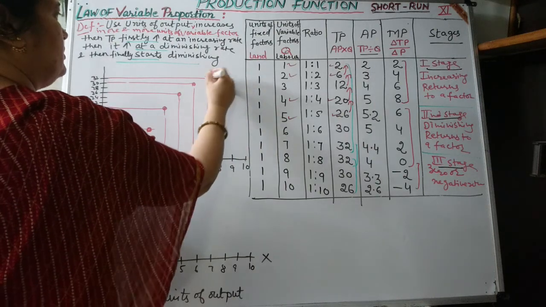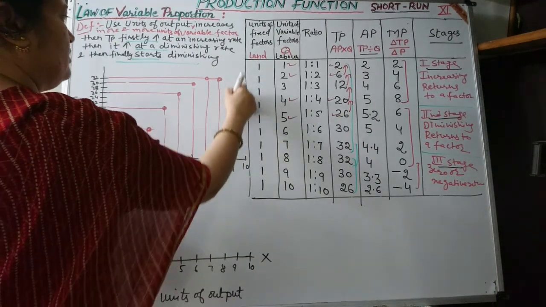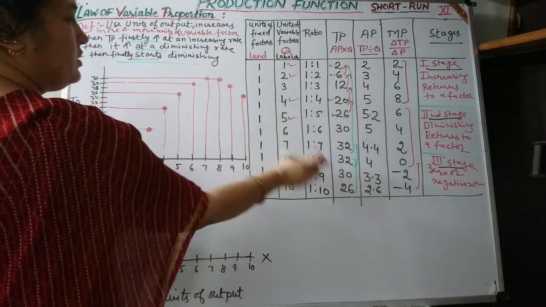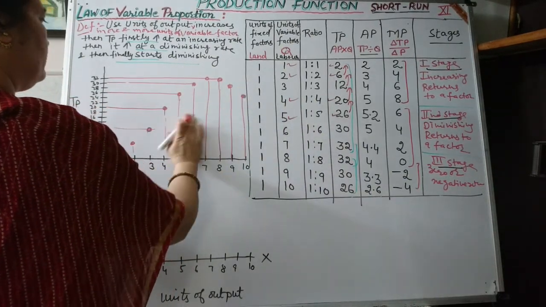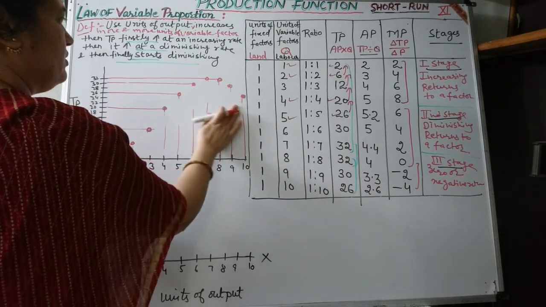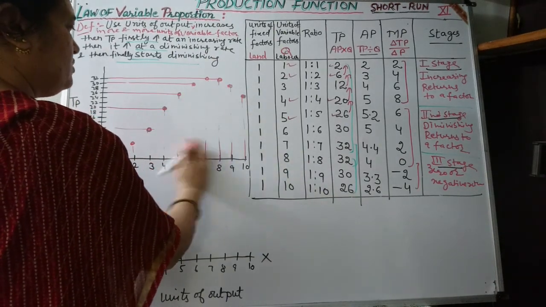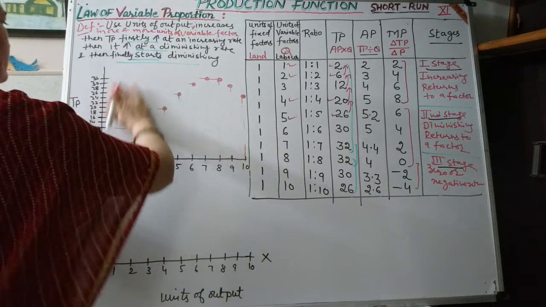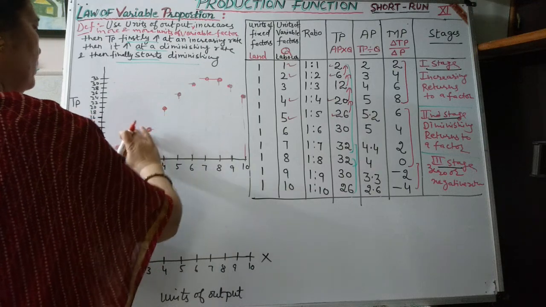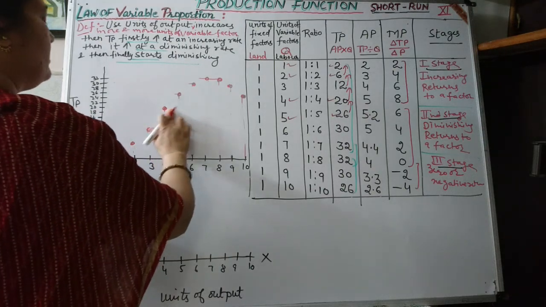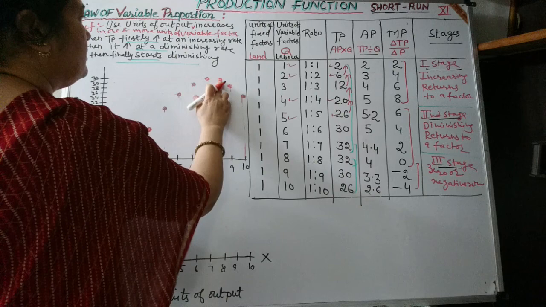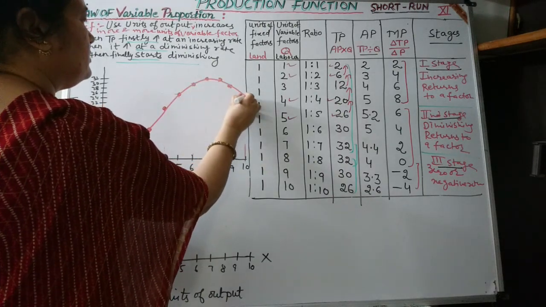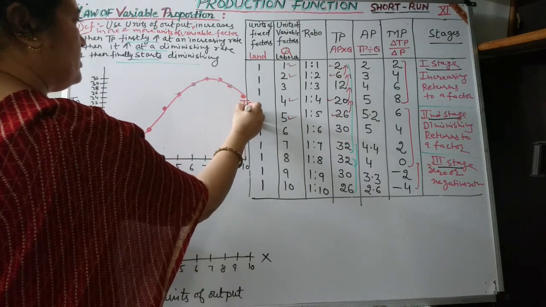Eighth unit, 32. Ninth unit, 30. And last one is 28. So by joining all these points, we can get the total production curve. You can remove all these dotted lines so that you can obtain the total production curve. This is TP, total production curve.